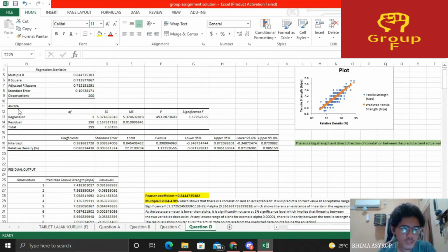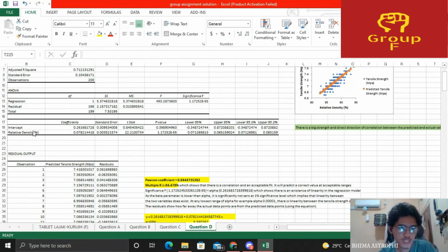And then for the ANOVA, regression and residual, these are the DF, SS, MS, F. The total for DF is 199, and the total of SS is 7.53195.